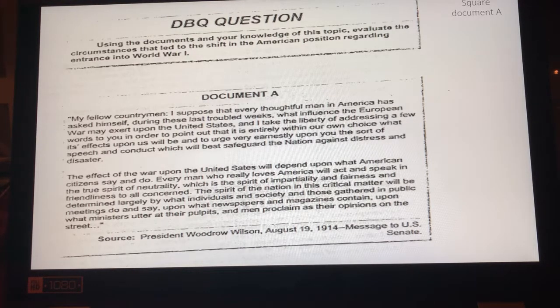So looking at this first thing, he wants to talk to the people, right? He says we need to be careful of our speech. Can we reflect on a war that the speech got galvanized to get us involved? It should be ringing in your head, the Spanish-American War with the yellow journalists.